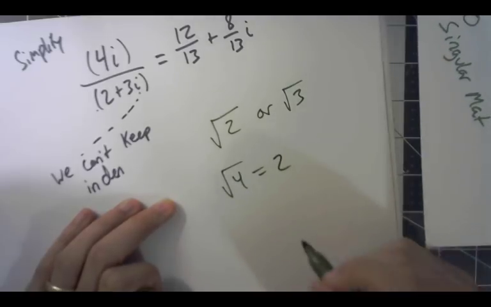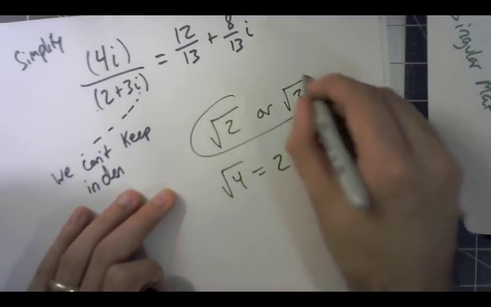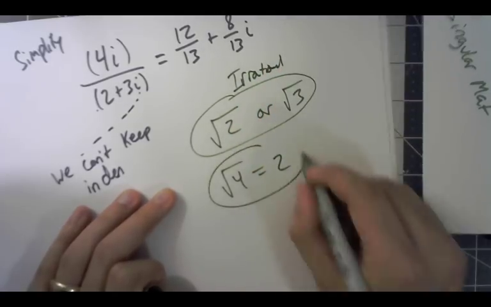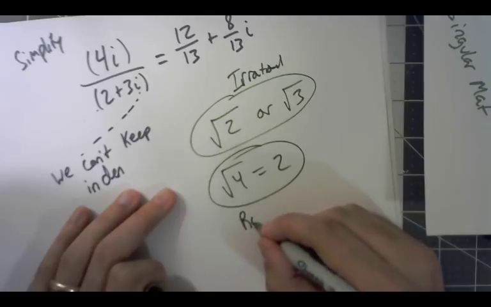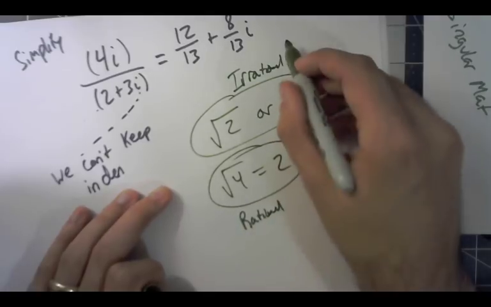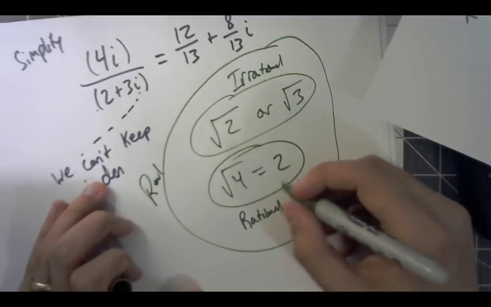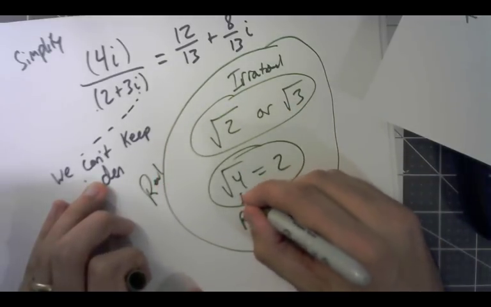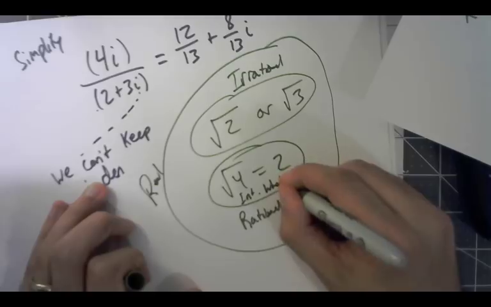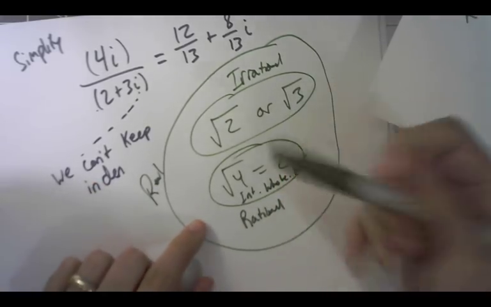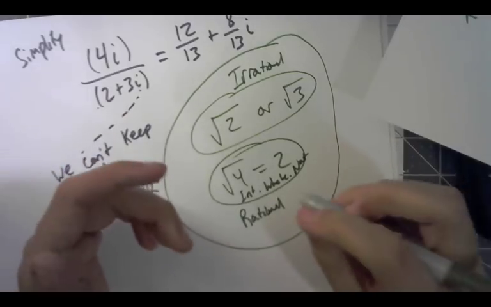That's just 2, so that is rational. All of these are real. It's also an integer, whole, and natural, but that's another story. So if you see square roots, it's irrational.